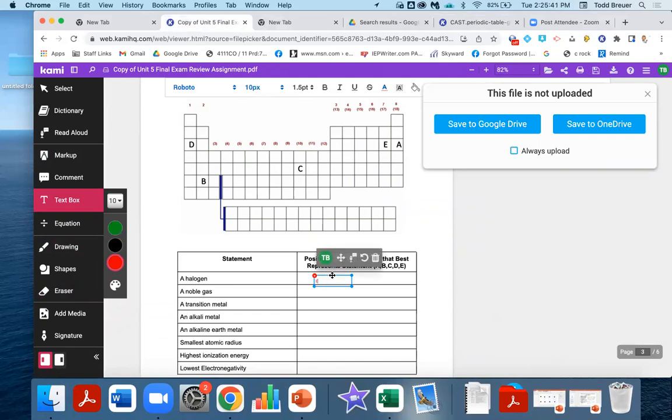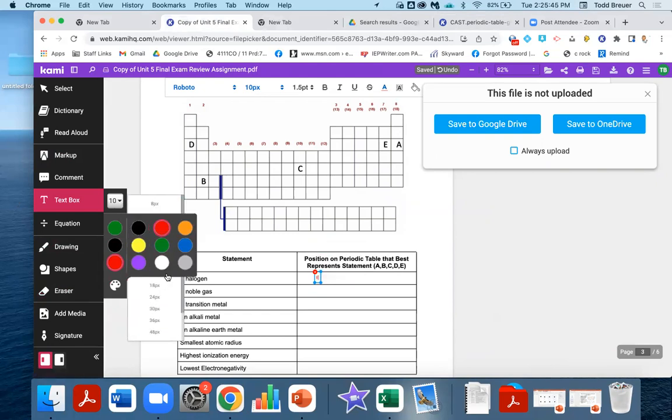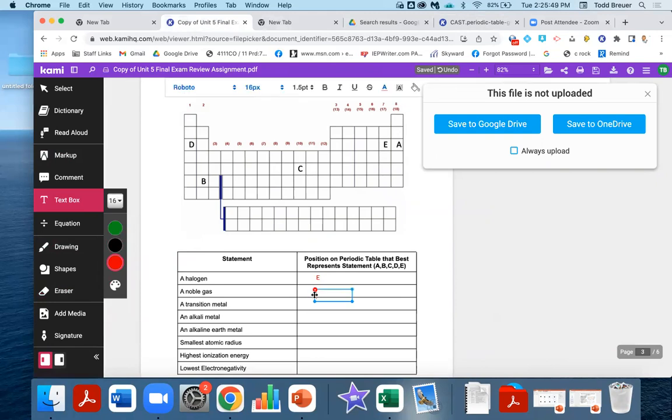Let's make our text box a little bit bigger so we can read it. There we go. Noble gas, that's position A. Transition metal, that's position C. Alkali metal would be position D on the periodic table, and alkaline earth metal, position B.